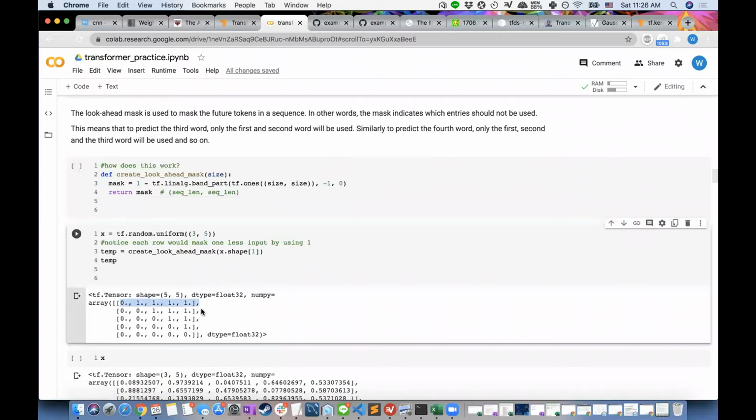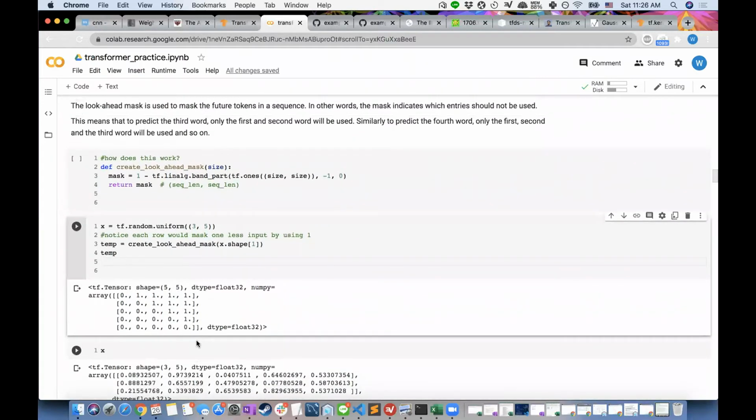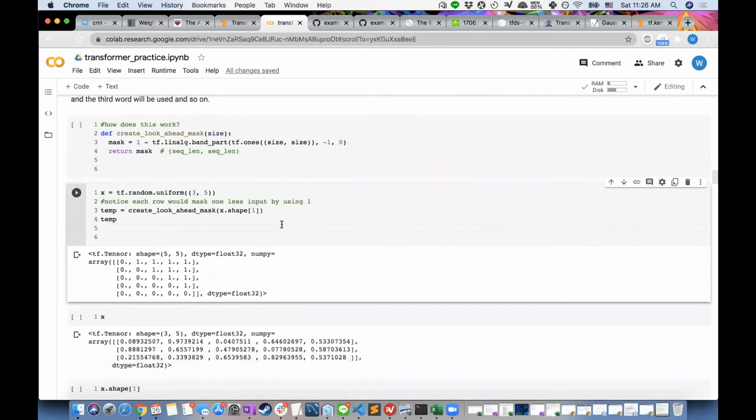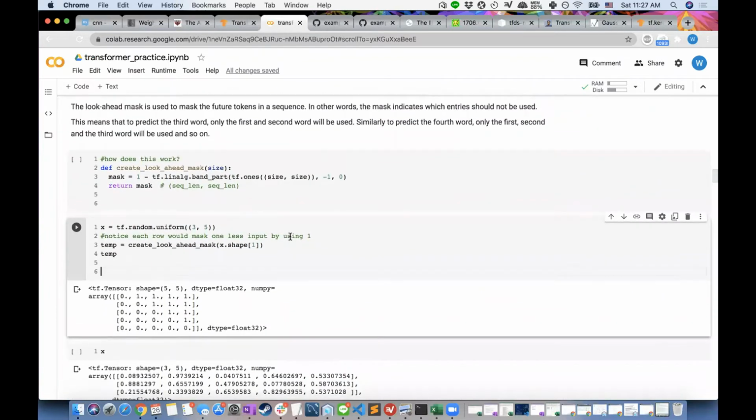And if you look at this, it gradually basically takes out one: 3 1s here, 2 1s, 1 1s. So it means that to predict the third word, only the first and second word will be used. So basically, it sort of unmasks at each row. Similarly, to predict the fourth word, only the first, second, and third word will be used, and so on. And that's what the language model is.